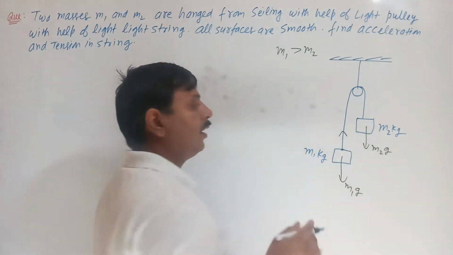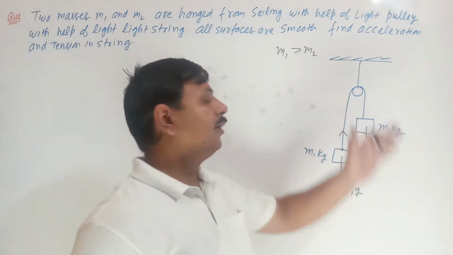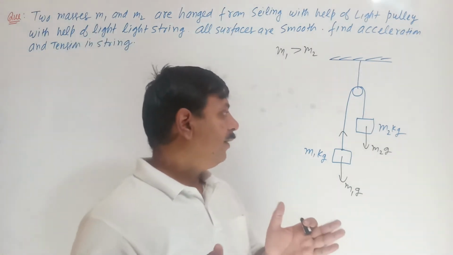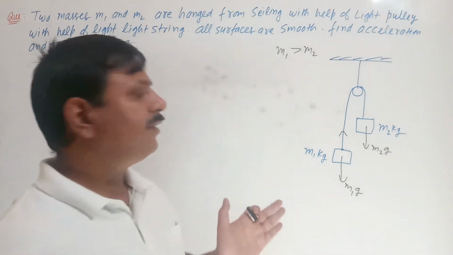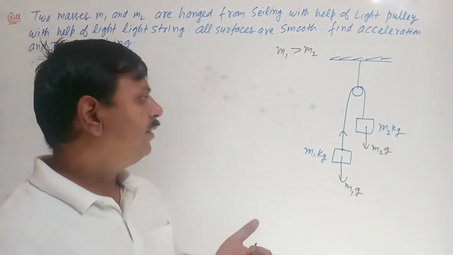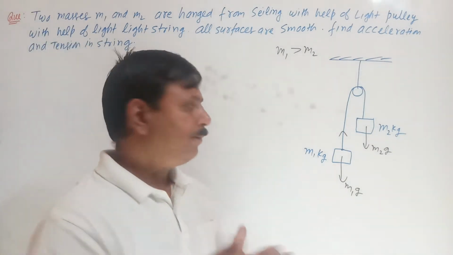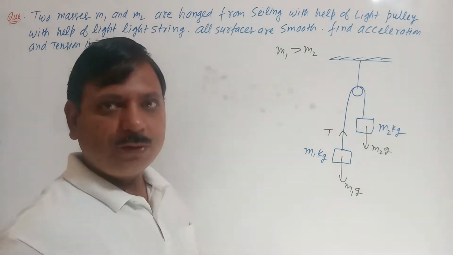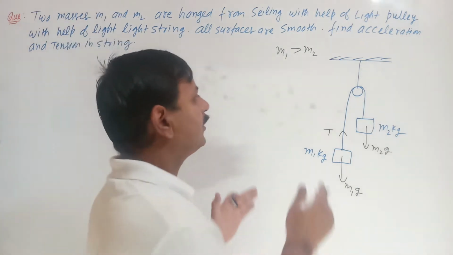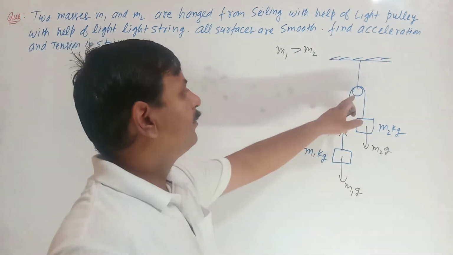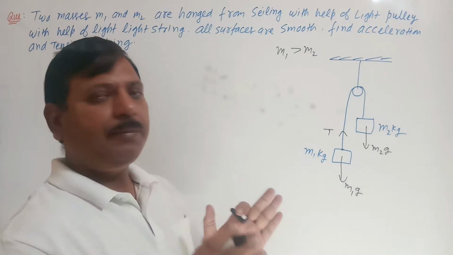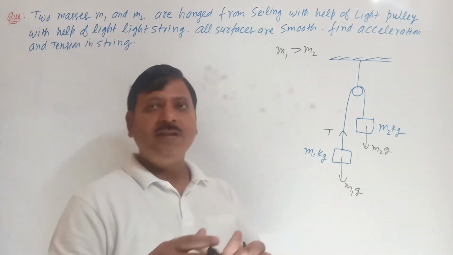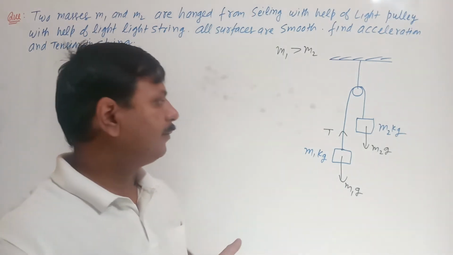The direction of tension is always towards the midpoint of the string. And second, if a light string is there, the tension will be the same at both ends. If tension T is here, with a light string whose mass is almost negligible, a smooth surface and a smooth pulley, the tension will be the same at both ends, and its direction is along the string and towards the midpoint of the string.